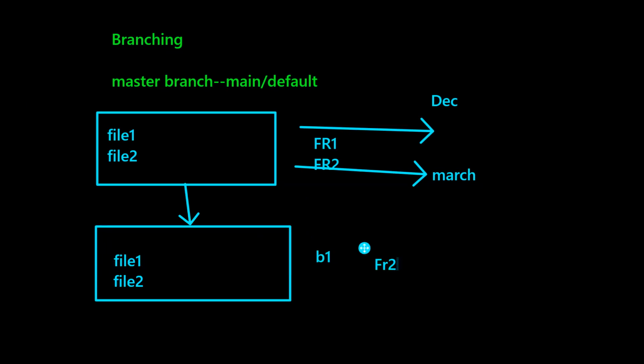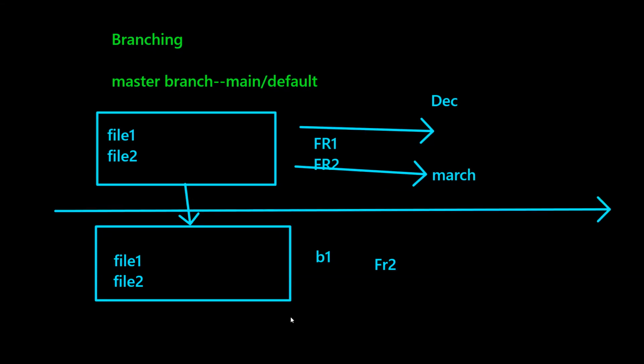Functional requirement 2 goes here, requirement 1 goes here. We are achieving parallel development because of this branch, so that this could be released for December, this could be released for March. Branching helps you achieve parallel development, maintain different releases, and also keep your code better organized, right? This is the concept of branch.